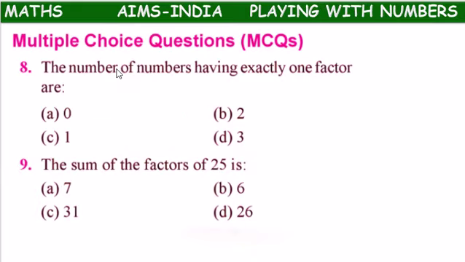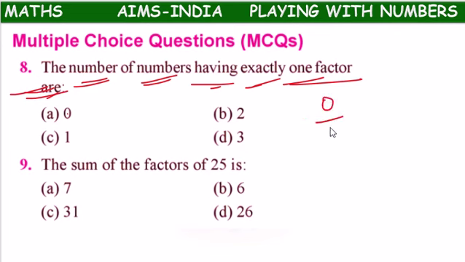Next, multiple choice questions. Number of numbers having exactly one factor. Exactly only one factor. Because 0 can be divided by any number, 0 can be divided by 1, 2, 3.